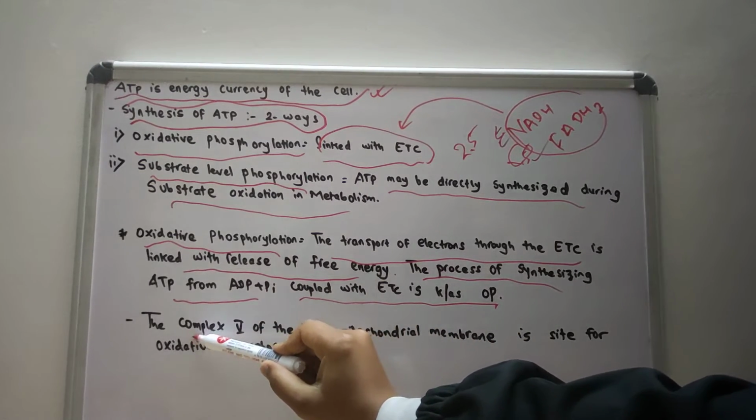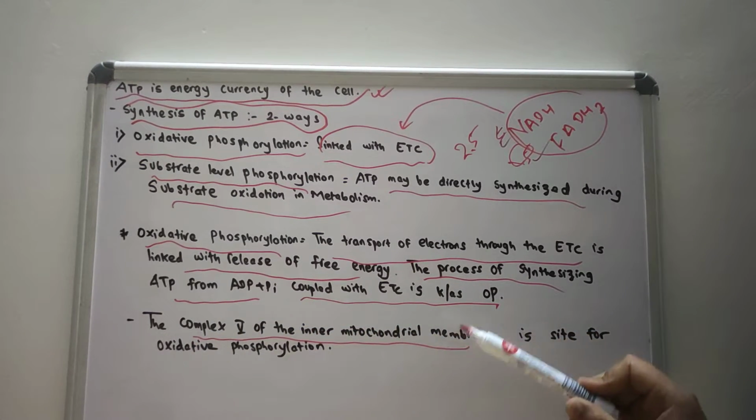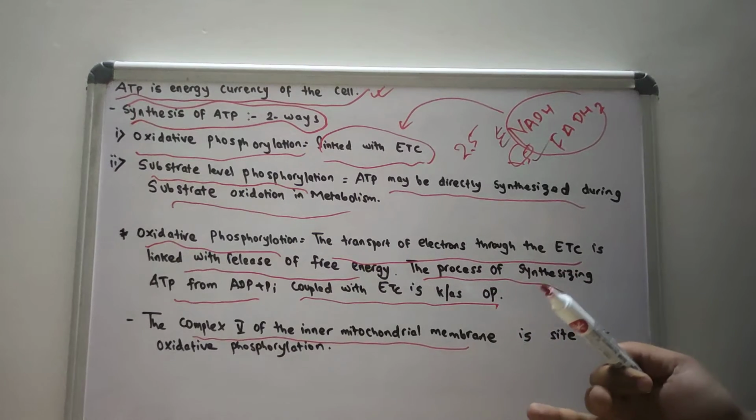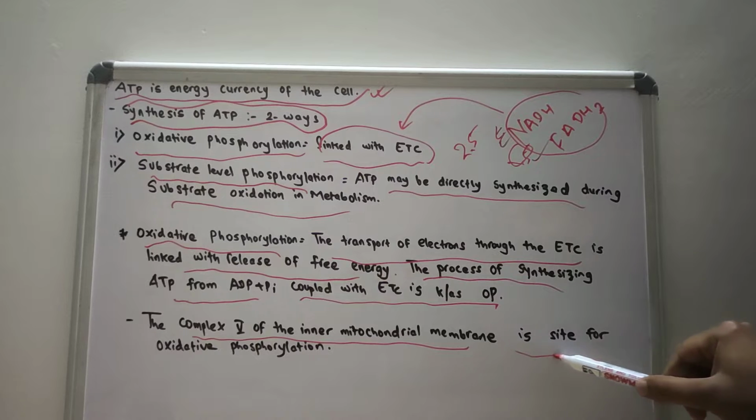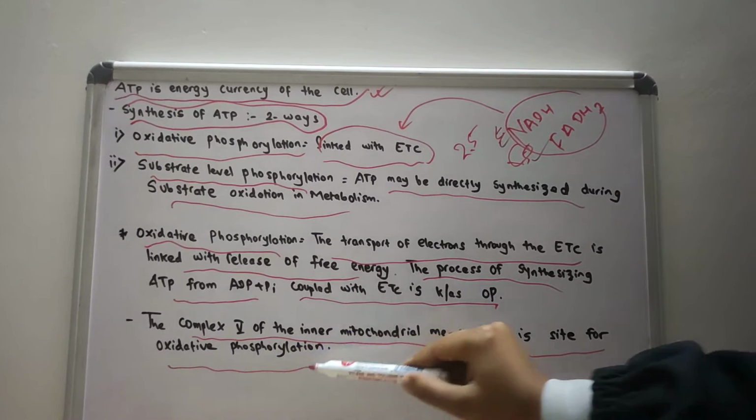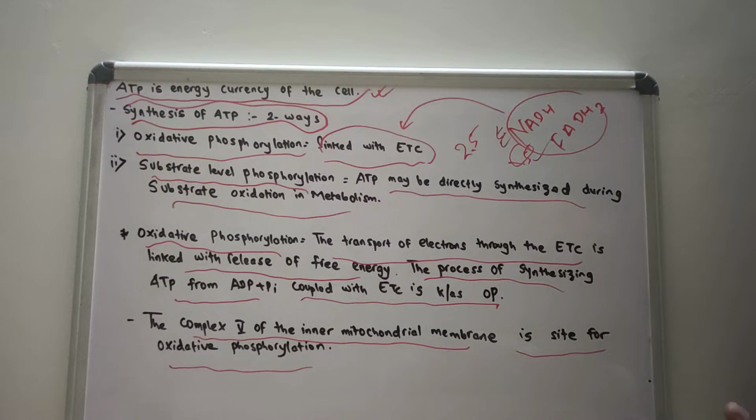Complex 5 of the inner mitochondrial membrane is also known as ATP synthase, and it is the site for oxidative phosphorylation. From complex 4, the oxidative phosphorylation occurs and ATP is produced from the electron transport chain.